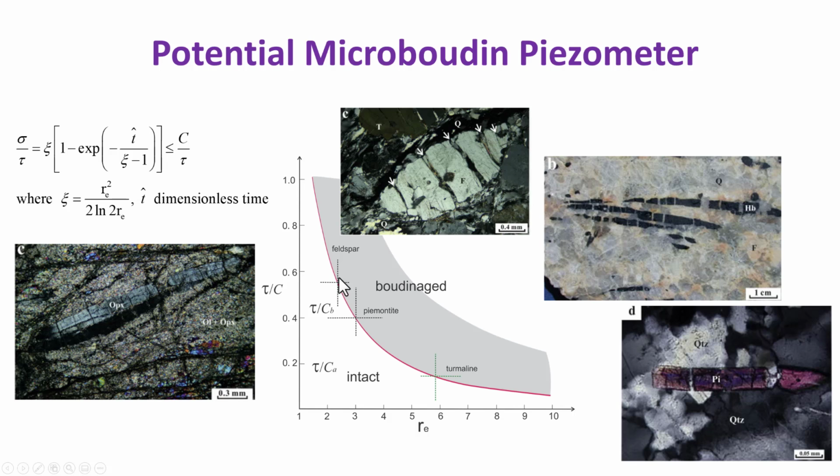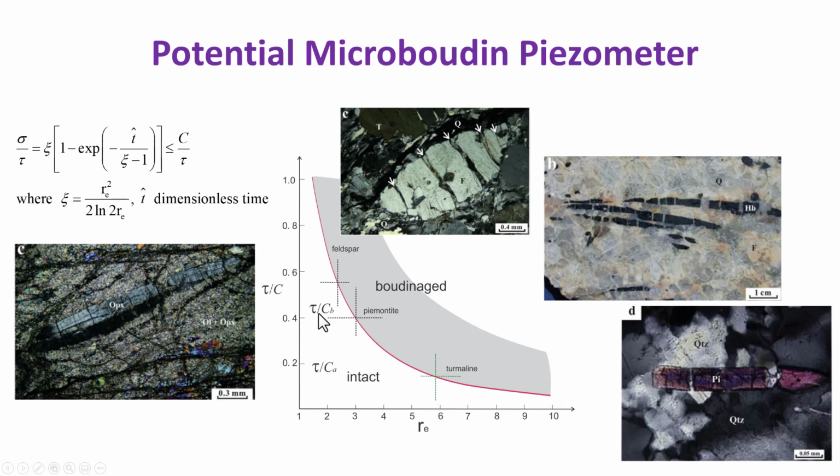If we can identify a field area like that, that has the potential to solve not only for the differential stress of the shear zone, but also for the tensile strength of the different mineral phases for the condition of natural deformation. Piezometrical result obtained by this method is self-calibrating because we are relying on multiple microboudins.